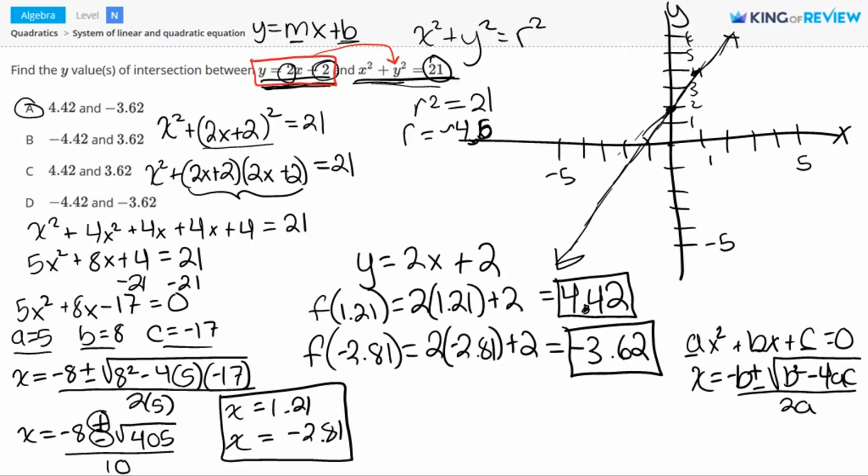So let's use this information to plot our circle. We know it has a center at the origin, and then if the radius is about 4.6, we'll have points here. So I'll use these points to draw a rough circle on our coordinate plane.